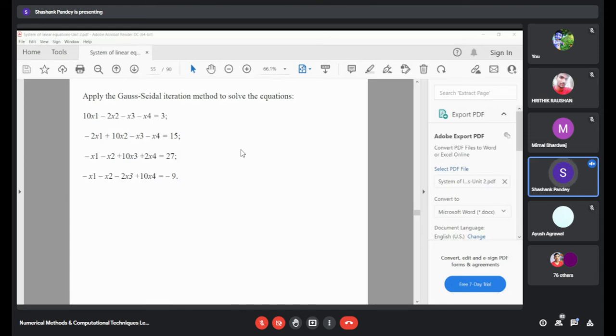But here you have a look that it has four equations and four unknowns. It no longer has three equations and three unknowns. So you solve this, and we will discuss it if you are not able to solve.